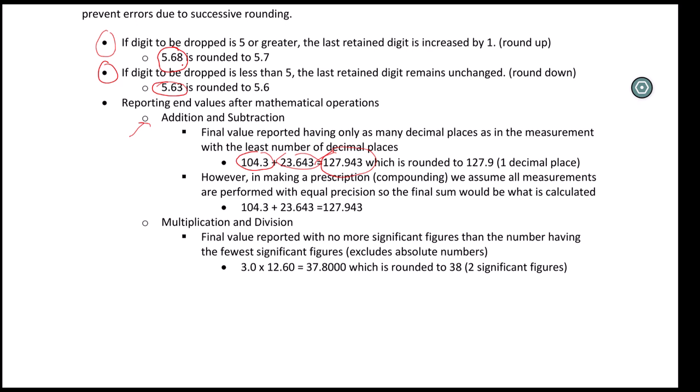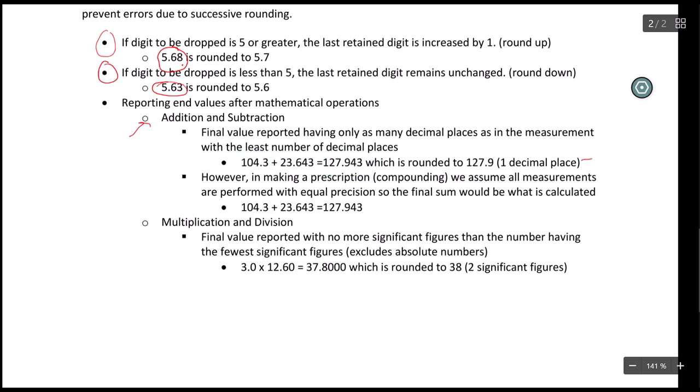The reason why you would round to 1 decimal point is because you look at the least number of decimal points. You notice this one has 1 decimal point, this one has 3 decimal points. The least one is 1 decimal point.